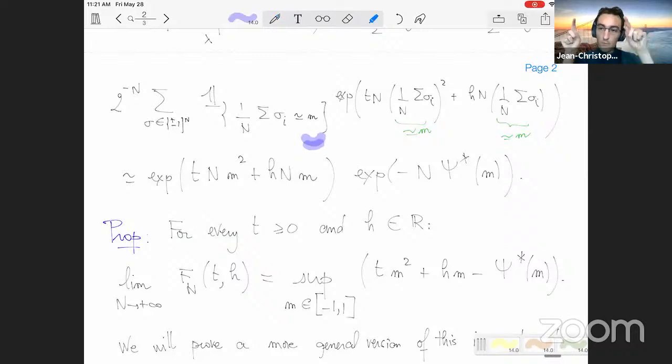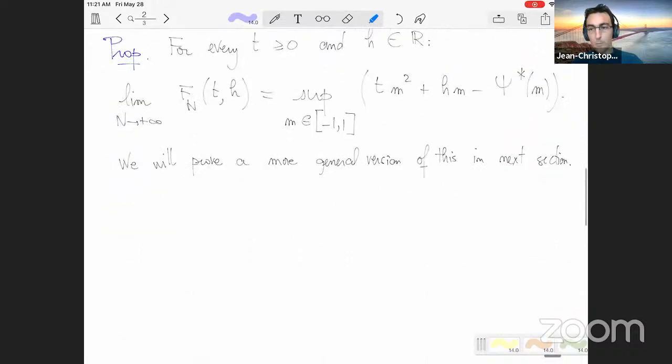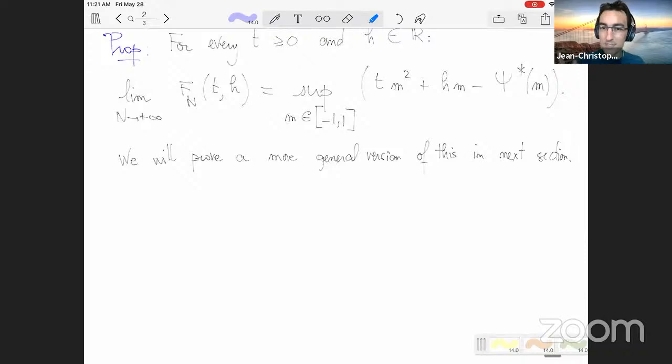So you have the sum of exponential of n A plus exponential of n B, and then you take the log, you divide by n. When you go to infinity, it's the maximum of these two values which will contribute. If you remember the first exercise in the first problem set, this is the same phenomenon. Yes, exactly, as said in the chat. If the exact reason is not completely clear, I'll give a proof quite soon, so don't worry.